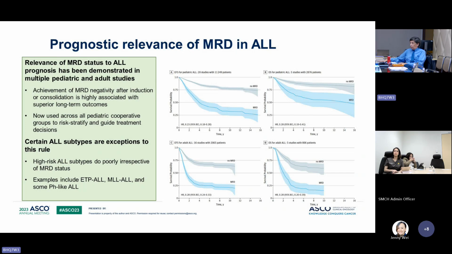It's why we talk about it first: MRD positive status was proven in ALL to be predictive of outcomes. What this shows, you can't really see the pointer here, is on the right-hand side, event-free survival. This was a collection of 20 studies, over 11,000 patients.